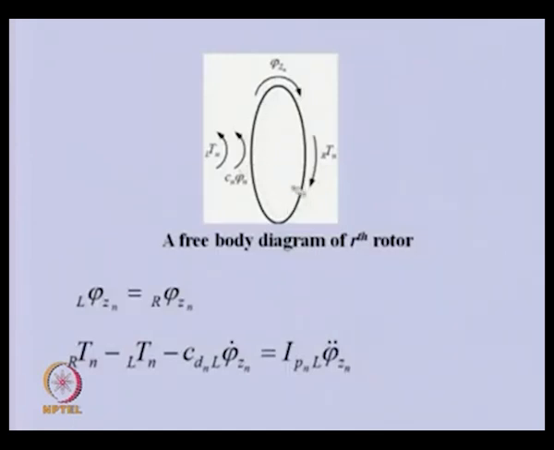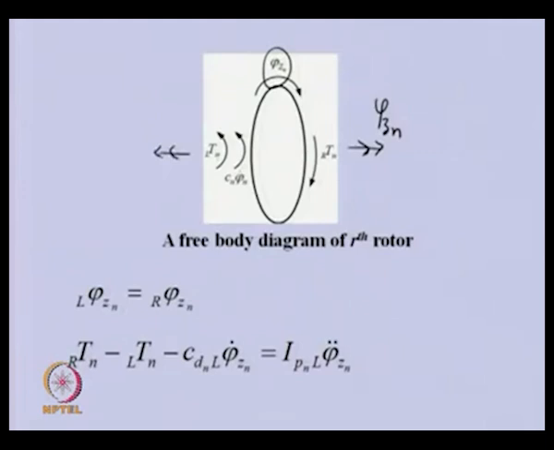So, this is one particular disc, nth disc, and let us say this particular direction is the positive direction for the angular displacement, this particular displacement which we have written here, and there will be some kind of reaction at either end of the disc from the shaft.